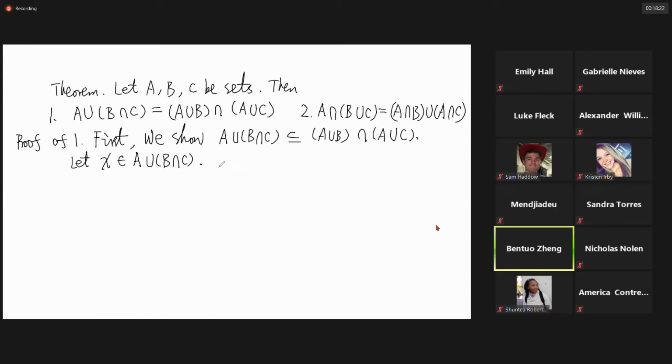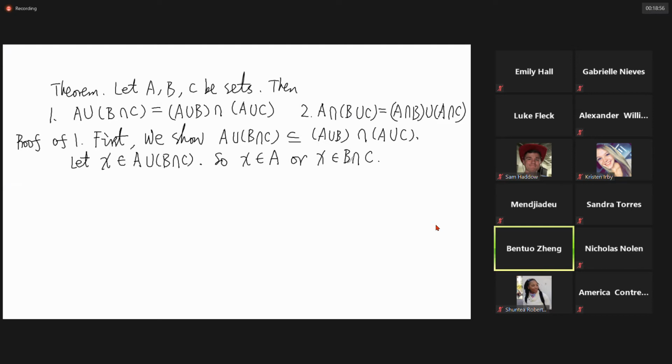So we have to use definition. X is in the union. Remember, what is the definition of union? The union means X is either in A or in B intersect C. So X is in A, by definition, or X is in B intersect C, by definition.